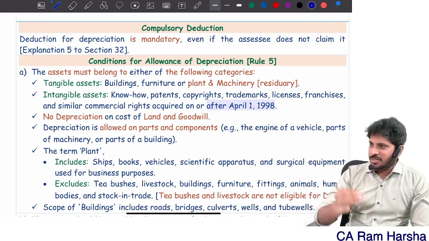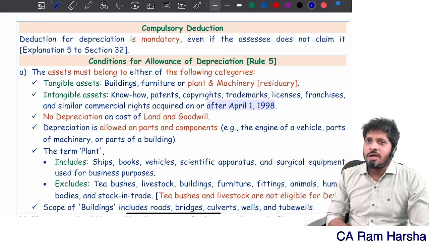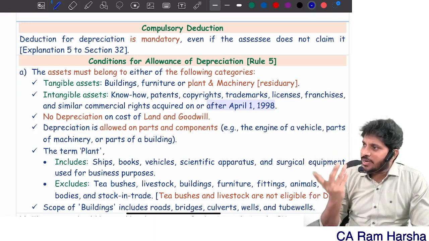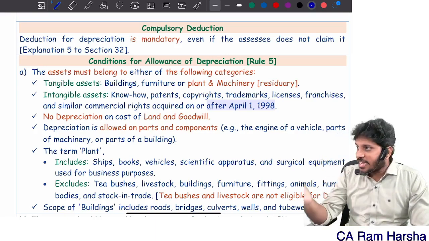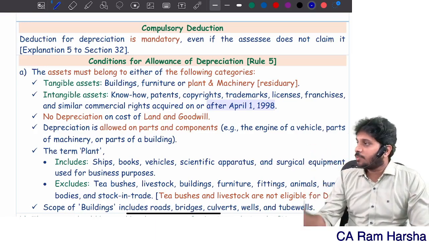If any capital asset or fixed asset is purchased, from the date we install it, you will claim depreciation, correct? Suppose in the first year a new asset is installed on, let us assume, 10th October.